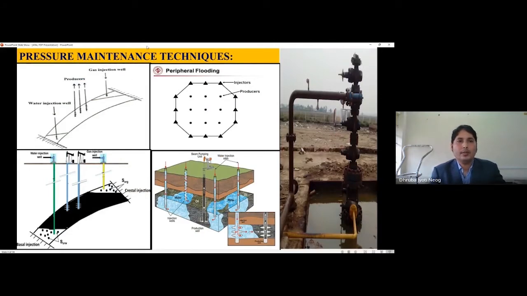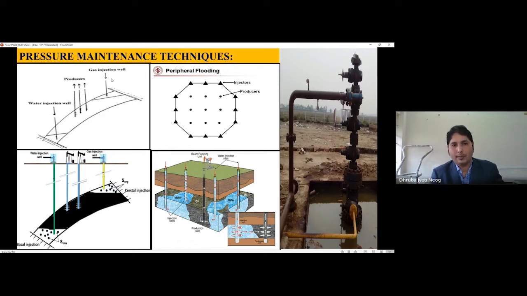So these are different pressure maintenance techniques, because for a well to flow at high pressure conditions, it is required to maintain the reservoir pressure, and the reservoir pressure is maintained by different methods. One is called crestal gas injection. In this process, the gas is injected into the gas cap zone.